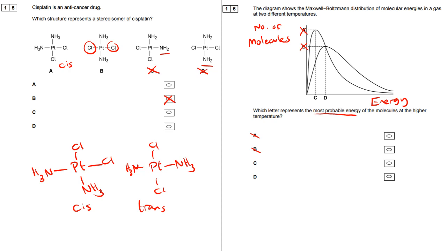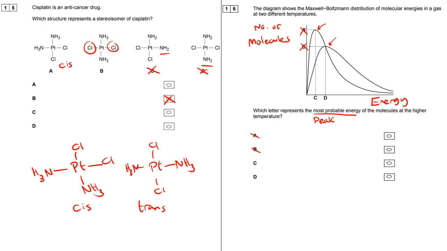So which one is the most probable energy at a higher temperature? Most probable energy is the peak of the curve, the highest point. So these are the most probable energies. Which one is the peak at a higher temperature?